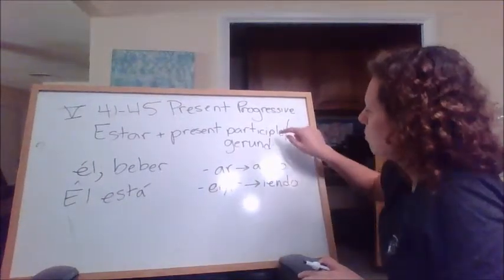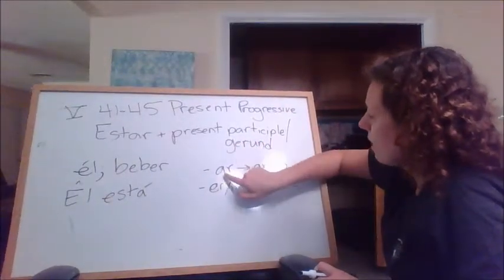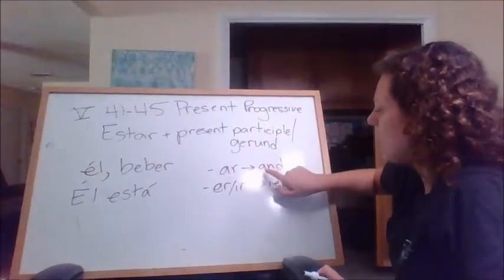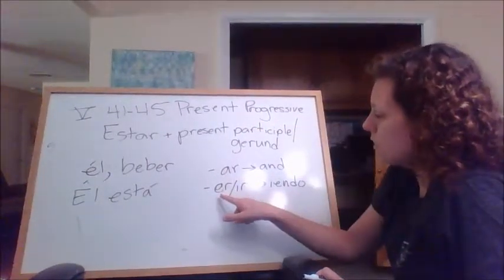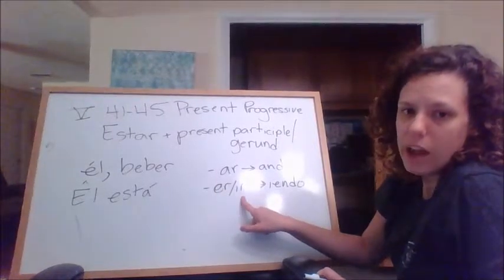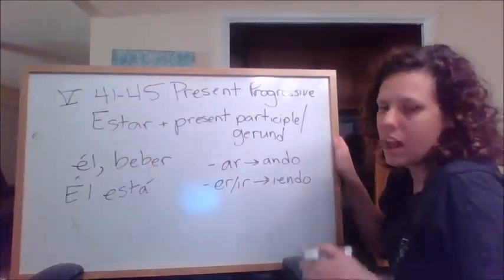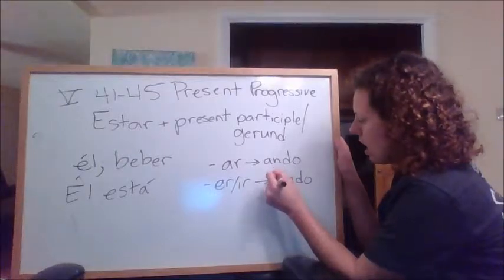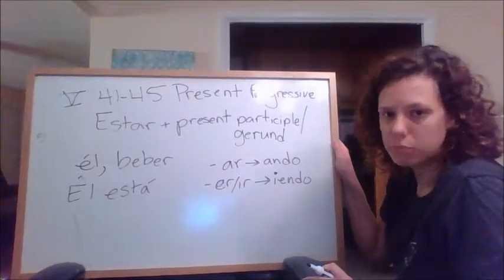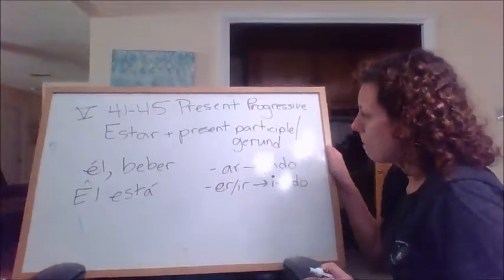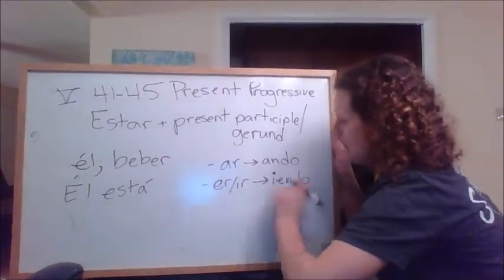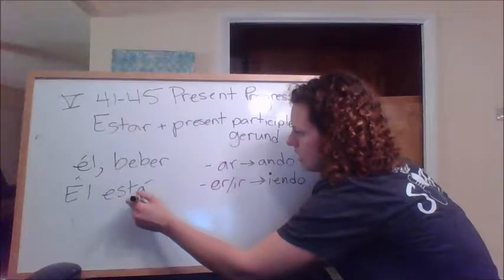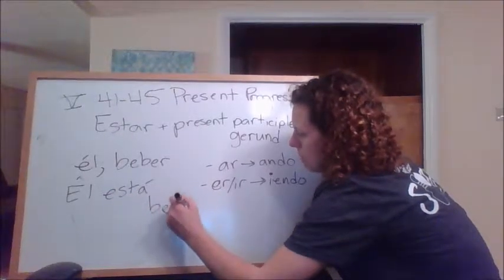Okay, so to form my present participle, if I have an AR verb, my ending is ando. I take off the AR and add ando. If my verb is an ER or IR verb, I take off the ER, IR, and I add yendo. That's an I. Okay, so beber is an ER verb, so I'm going to take off ER and add yendo. So this is going to look like está bebiendo.